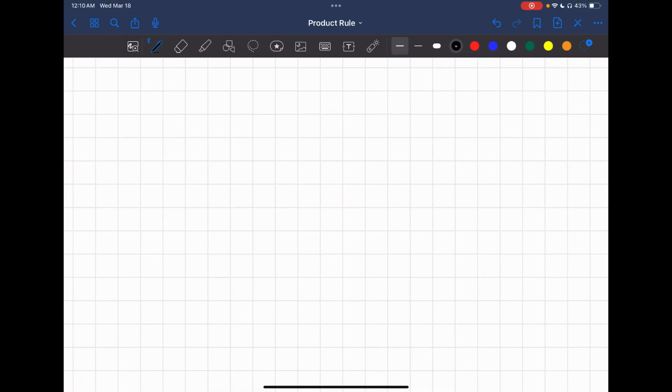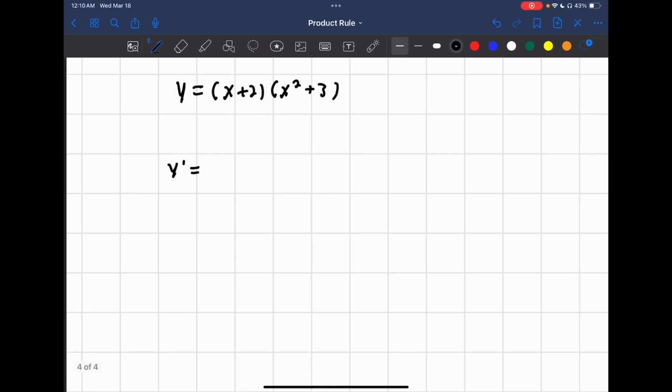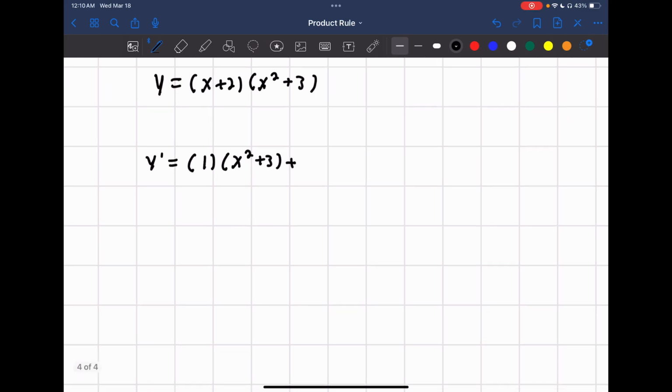And for the last example we will do, it is y equals x plus 2 times x to the power of 2 plus 3. So y prime will be 1 times x to the power of 2 plus 3 plus x plus 2 times 2x.